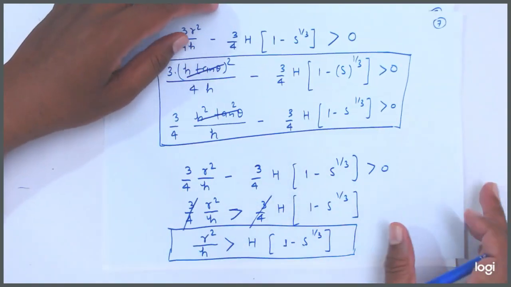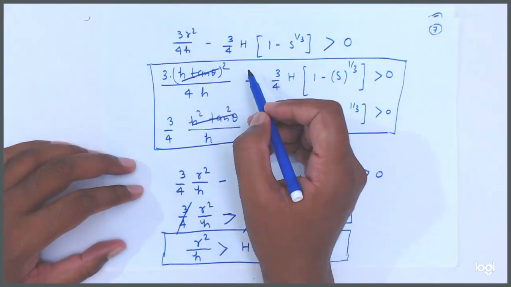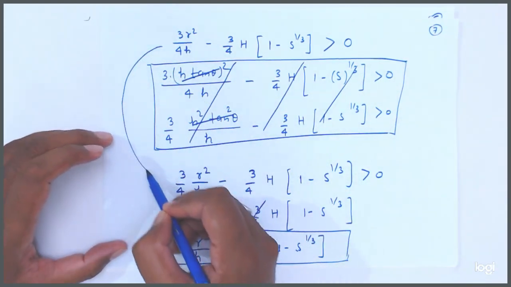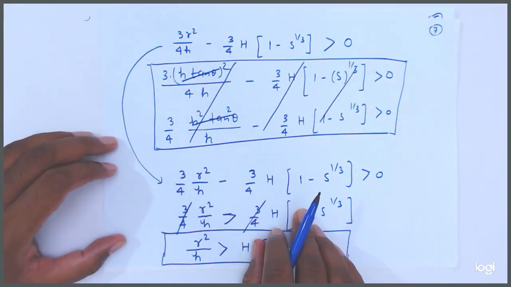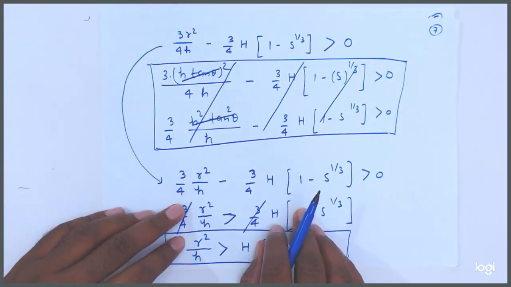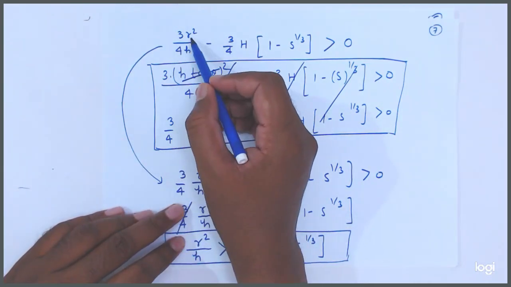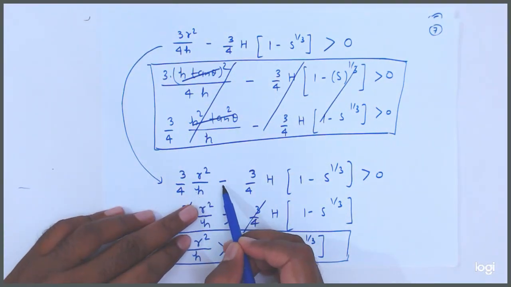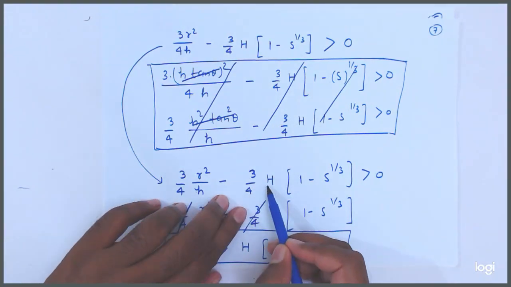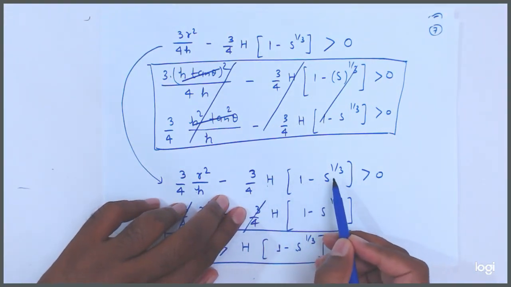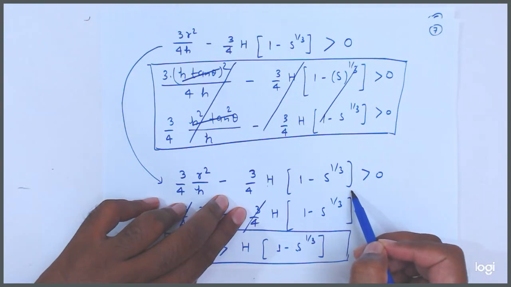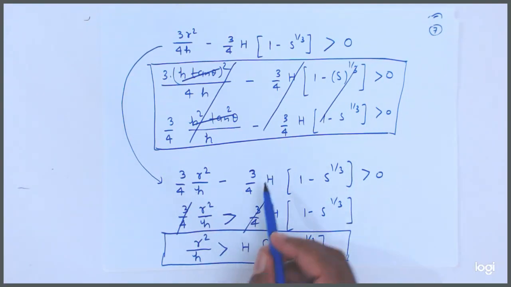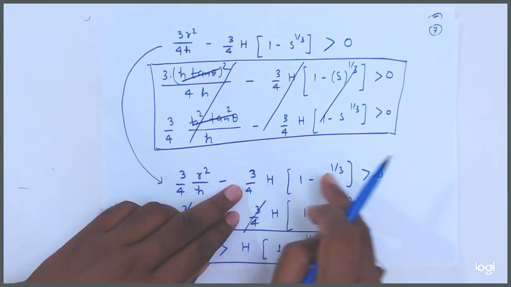Now friends, you see here, 3 by 4 r square upon small h minus 3 by 4 capital H, bracket 1 minus h to the power 1 by 3 bracket close, should be greater than 0. So this whole term I am sending to the other side.